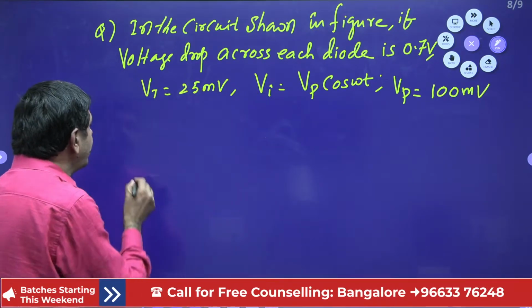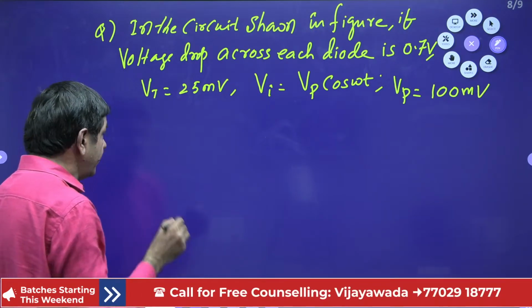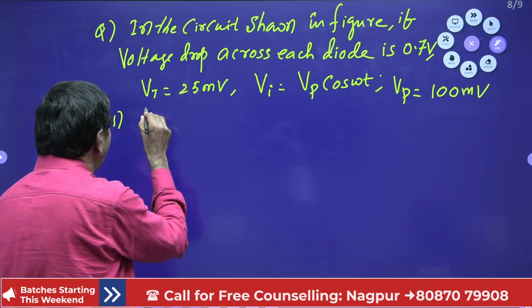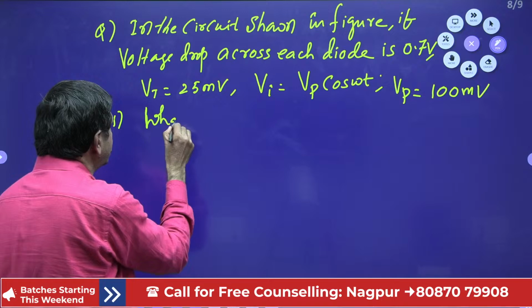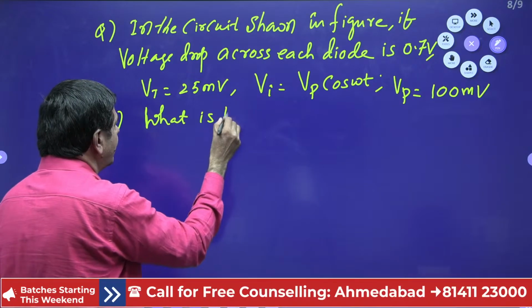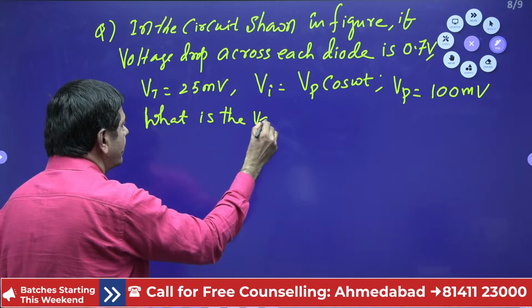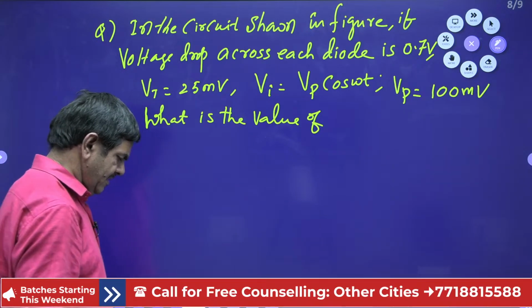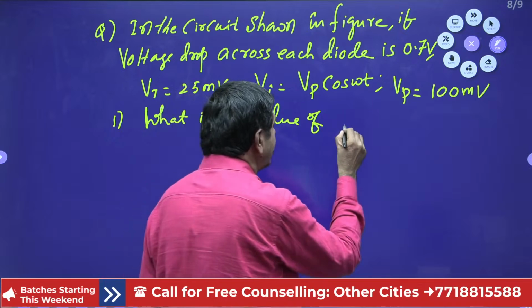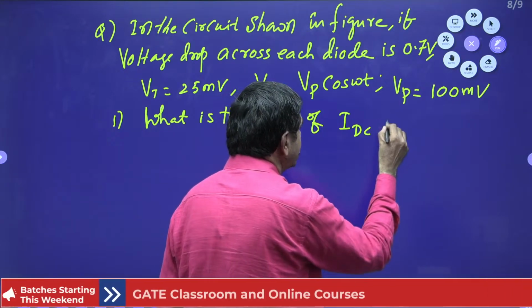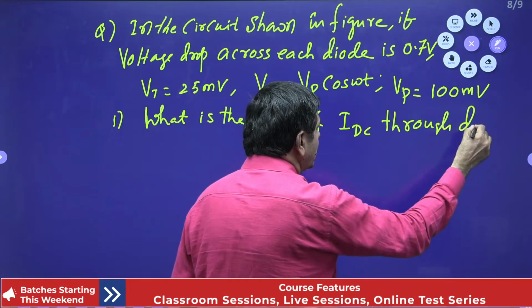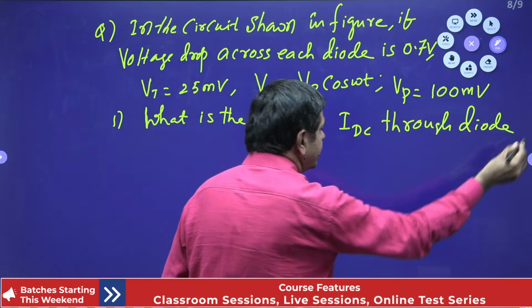What is being asked to find? Question number 1: what is the value of IDC through the diode? This is the first question.